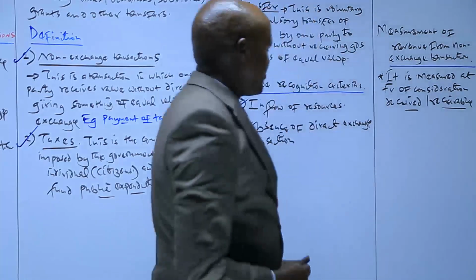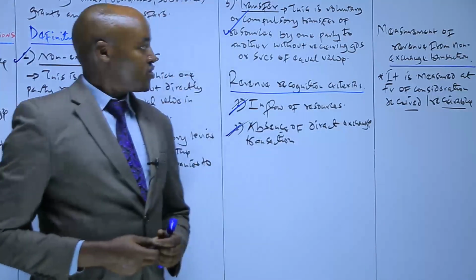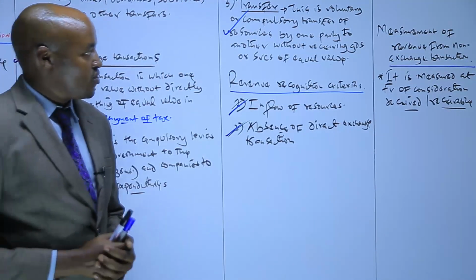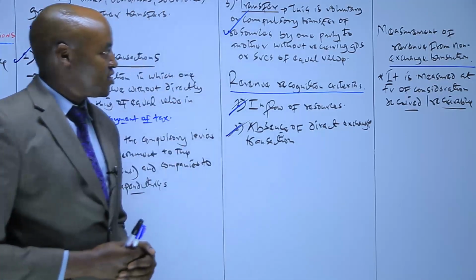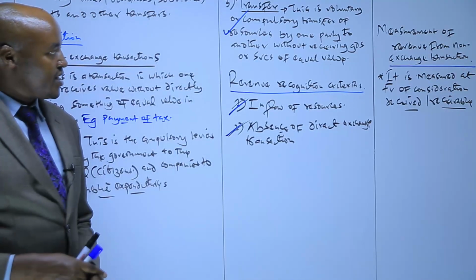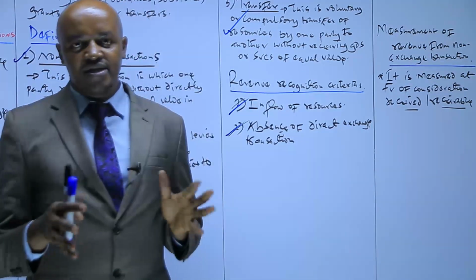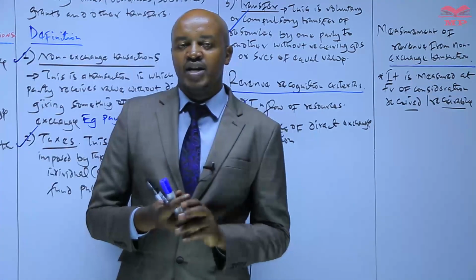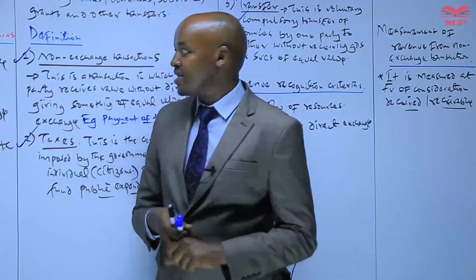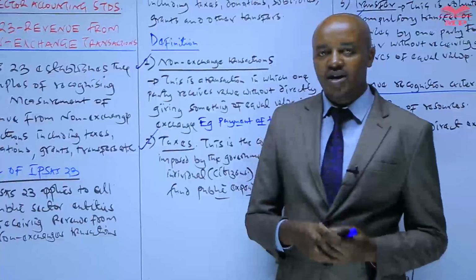So that's how revenue from non-exchange transaction should be measured. Those are basically some of the issues you need to know as far as this particular standard, that is IPSAS 23, is concerned.